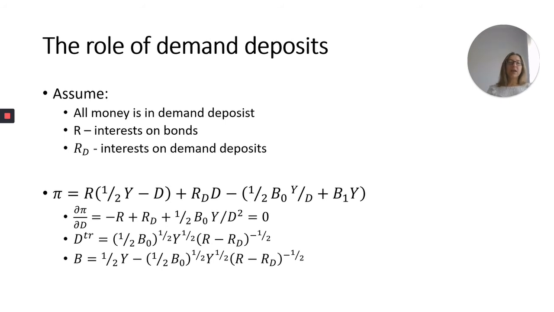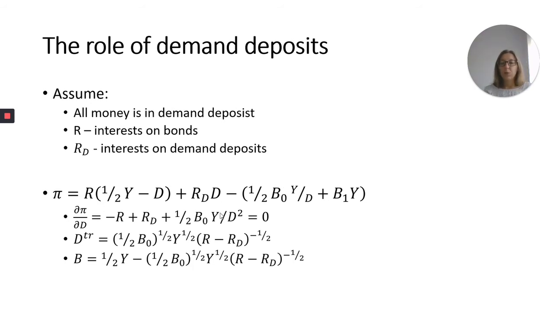Again, in making a decision how much money to hold as bonds and how much to leave in a debit card as demand deposit, we think about the profit we can earn. Profit is going to be profit on bonds plus income on demand deposits, minus brokerage costs when we need to transfer bonds to demand deposits.